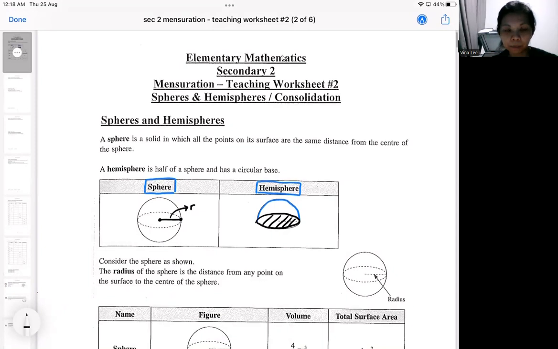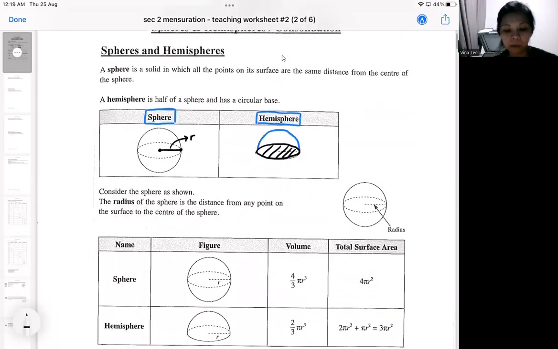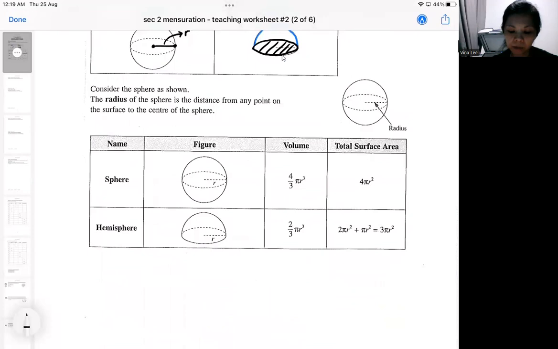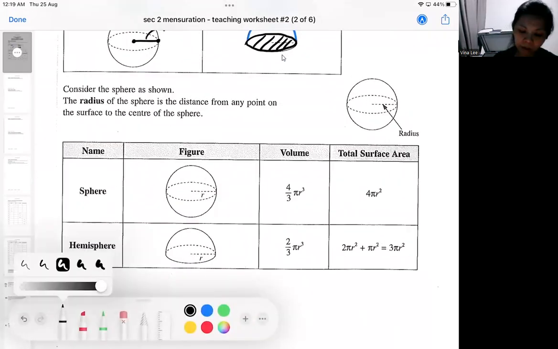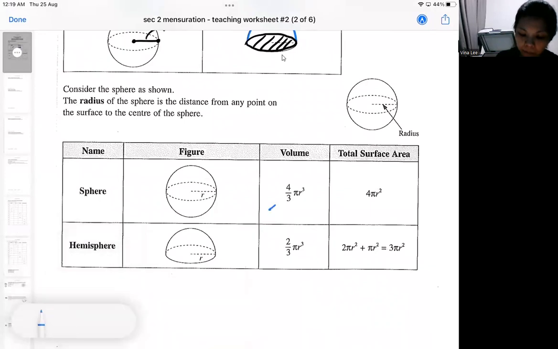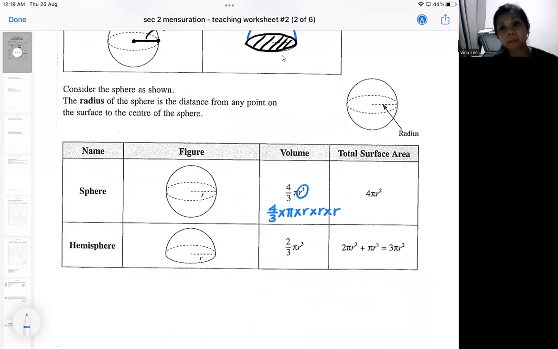Okay, let's introduce the formula. The formula for the volume of a sphere is 4/3 pi r cubed. This may be something you're not very used to: 4/3 times pi. For the radius, because it's r cubed, you multiply the radius 3 times.